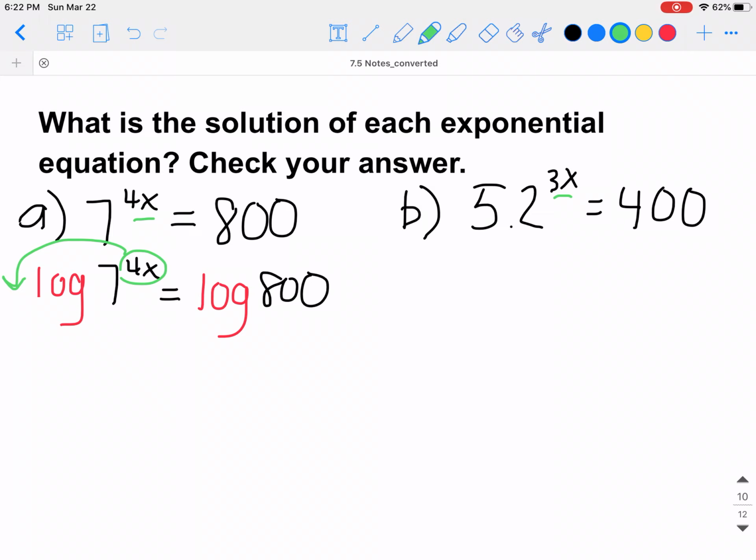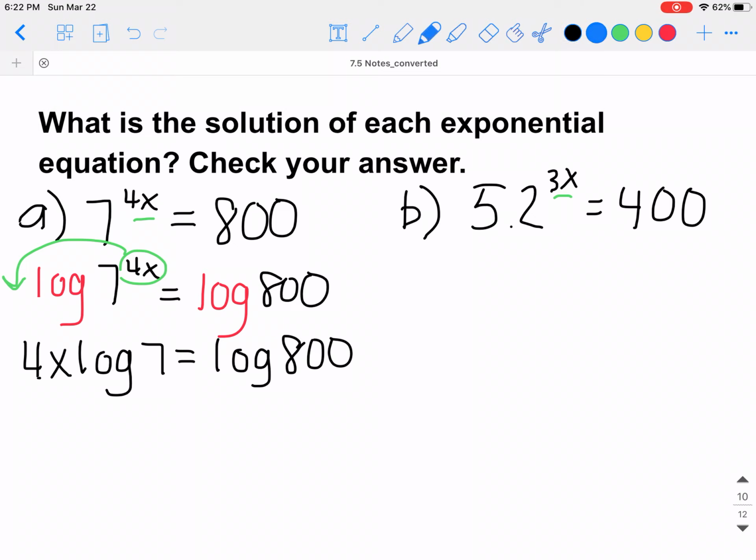And we want to do that because we want our variable out of the exponent so that we're able to solve. So when we rewrite this, it becomes 4x log 7 equals log of 800. We're solving for x, so we want to isolate that variable. To do that, we're going to divide both sides by 4 log 7.